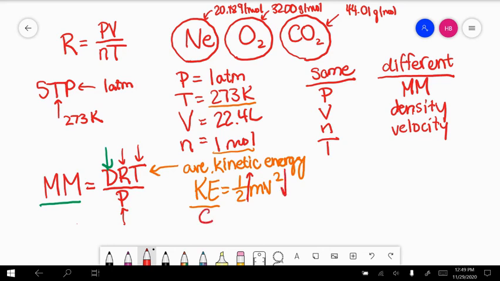A larger mass is going to have a smaller velocity in order to remain a constant relationship. They're inversely related. The larger the mass, the slower the velocity. So big molecules move slower with the same energy.